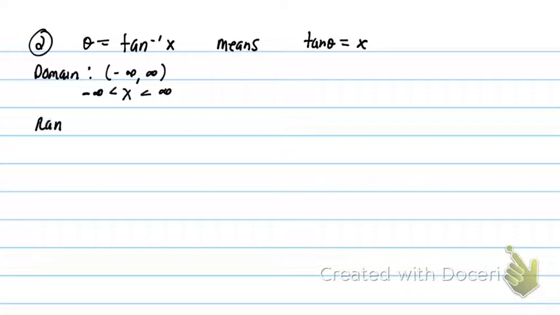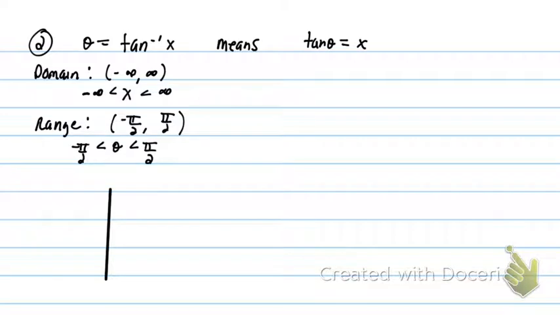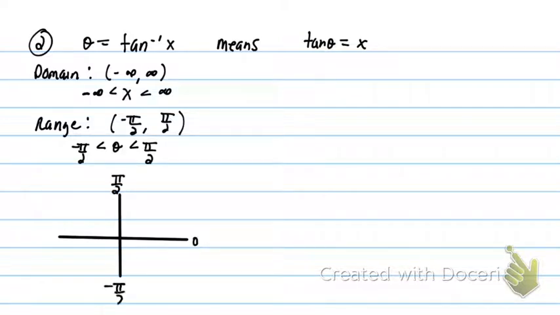And then for the range, it's going to be slightly different in that you can't include the 2 end quadrantals. With inverse sine, remember you could include negative pi over 2 and pi over 2. You can't do that with inverse tangent. This is the part you kind of want to memorize. Now let's go ahead and get our visual here. We're saying here's 0, here's pi over 2, and here's negative pi over 2.